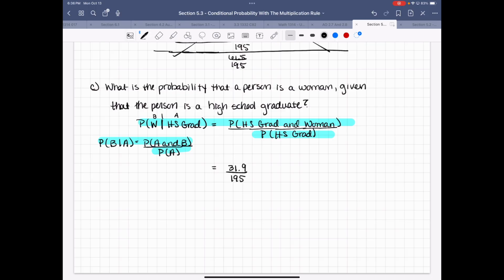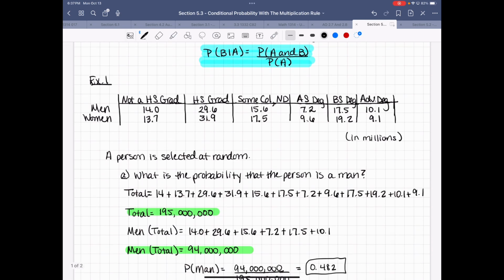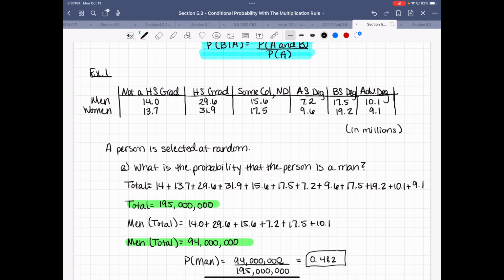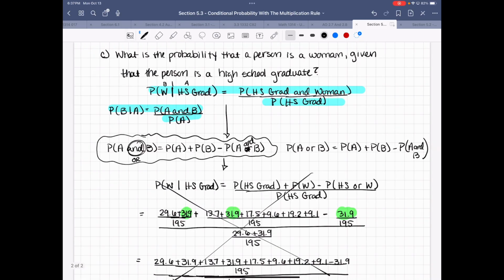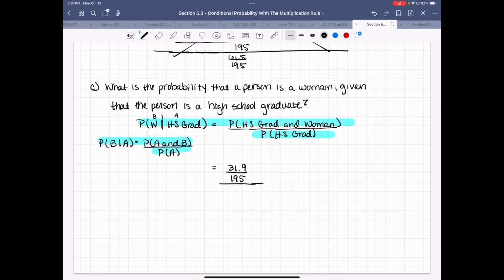That's my probability that I'm a high school graduate and a woman. And all over, what's the probability that I'm a high school graduate? Well, we added up 29.6 plus the 31.9, which was 61.5. 61.5 divided by the 195.